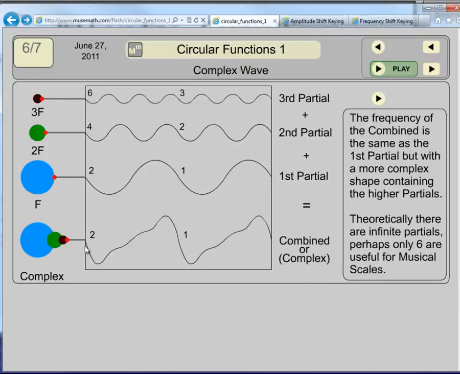And when I add those together down here at the bottom, what I get is a wave that is not a sine wave. I'm not sure how you would describe this, but it is not a sine wave. Clearly, as I add more sine waves of various types to this, I could get even weirder and weirder shapes.